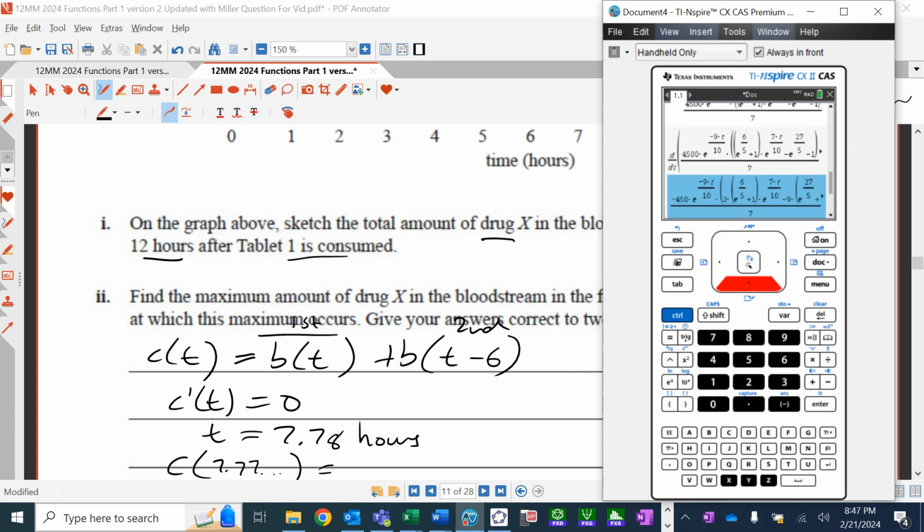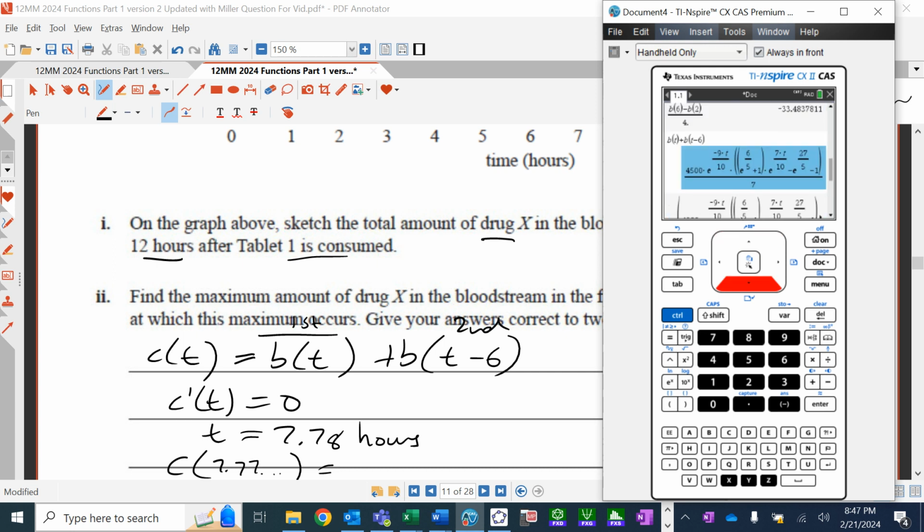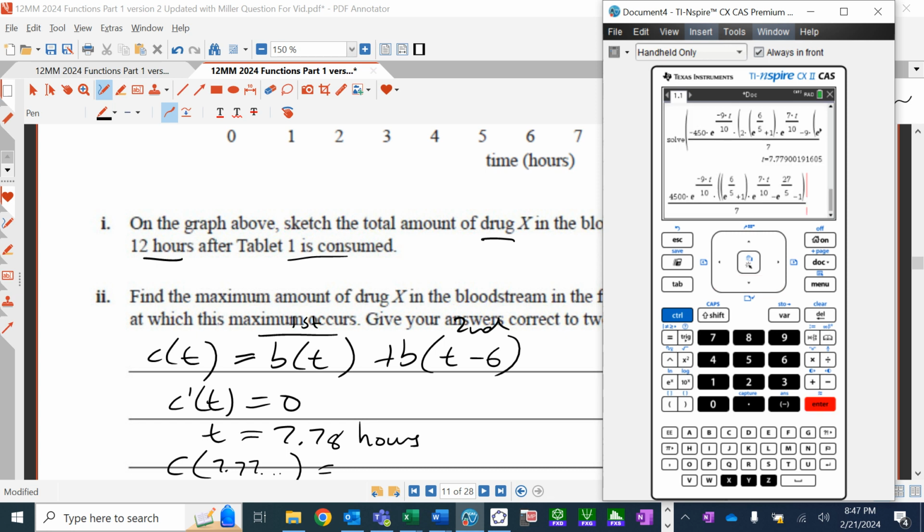So the original function is this one here. This is b of t plus b of t take 6. So we're going to go control equals and pipe. Okay, I don't know whether it put it in? No. Control equals pipe t equals this value here.